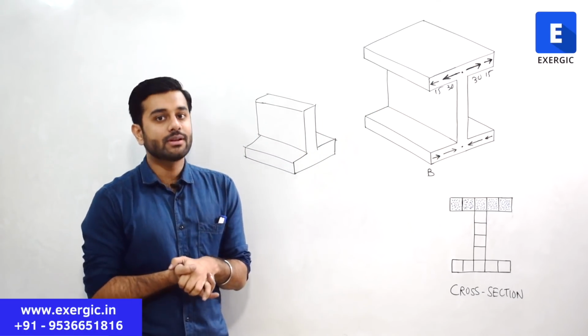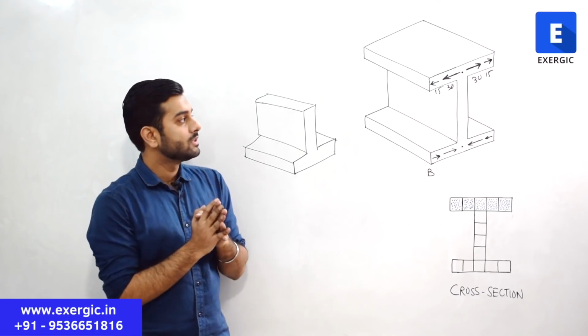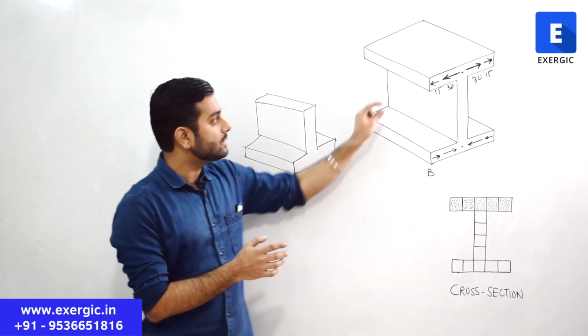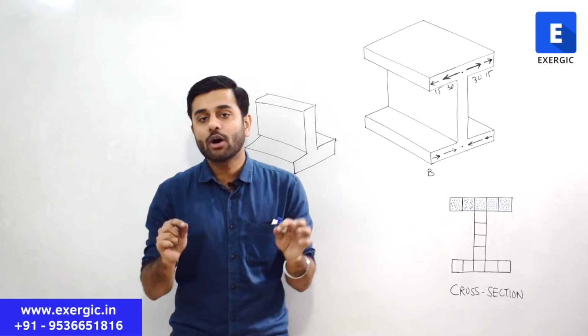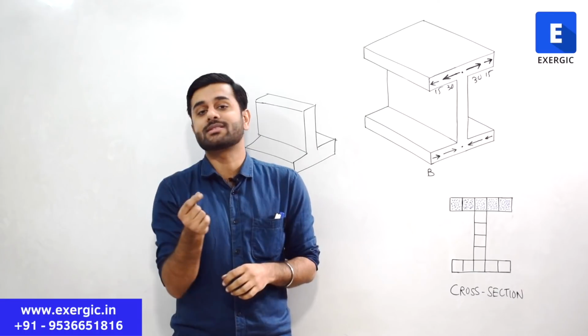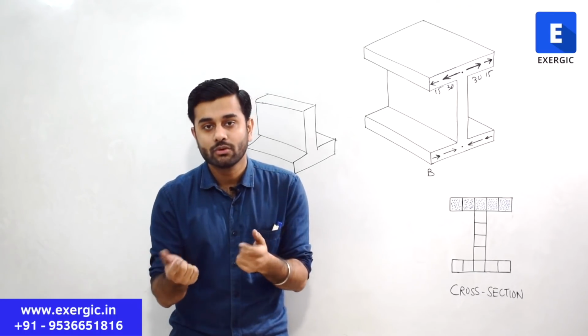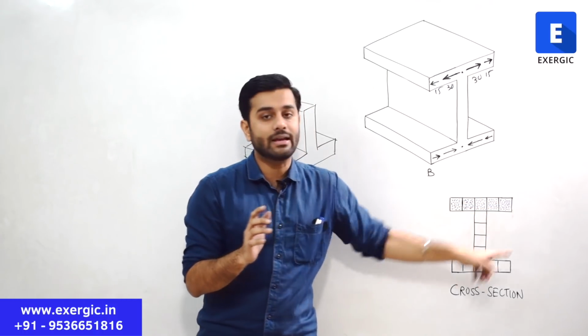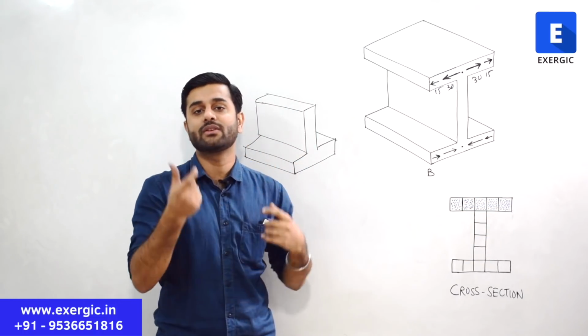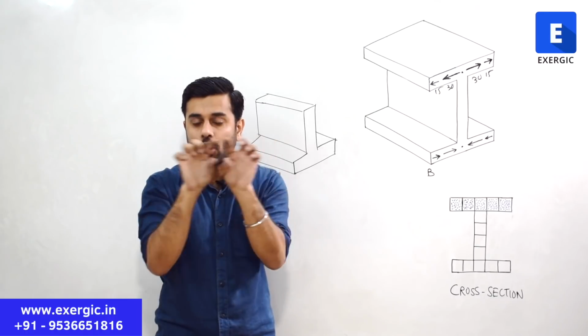Now let us see how it is going to vary in the web. For that, consider the complete top flange. Tell me how many units of force F1 minus F2 will be acting on that. There are 1, 2, 3, 4, 5 different cuboids or fibers that I have shown for the top flange.